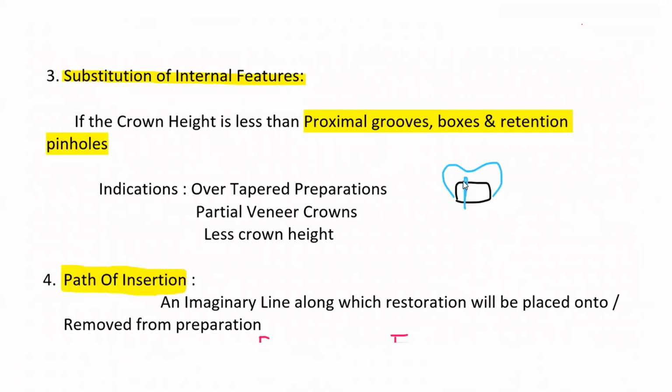Thereby I got the retention, and till now she has very good function and no problems. Indication is over-tapered preparations or less crown height, where partial veneer crowns are prepared. Path of insertion is an imaginary line along which the restoration can be placed onto or removed from the preparation.